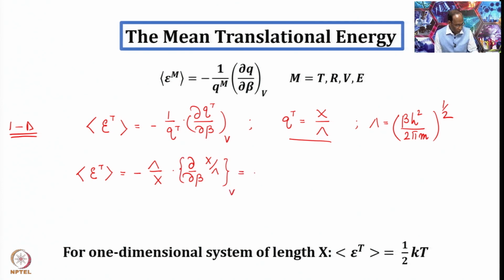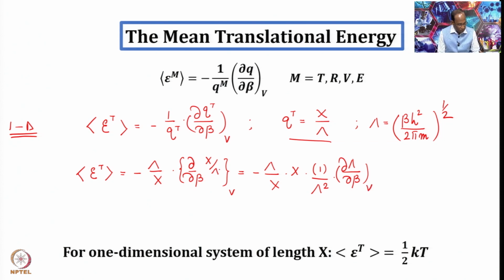So, minus lambda by x into x is out, into minus 1 over lambda square into del lambda del beta at constant volume, right.